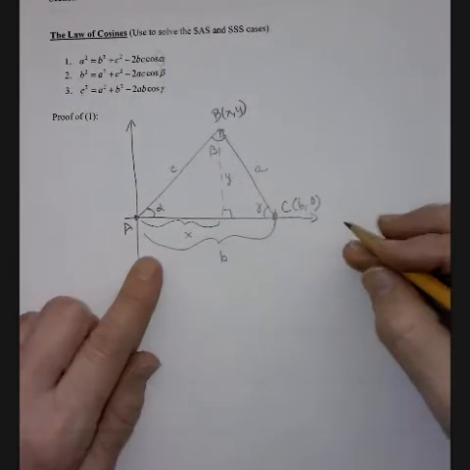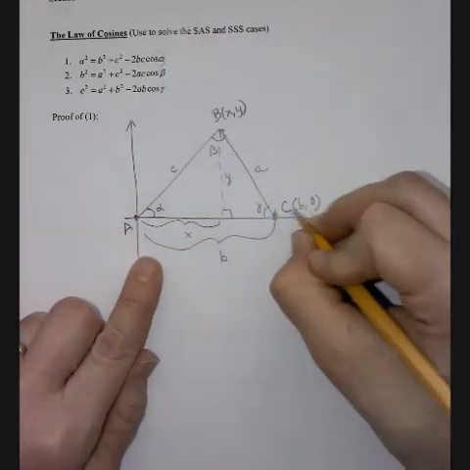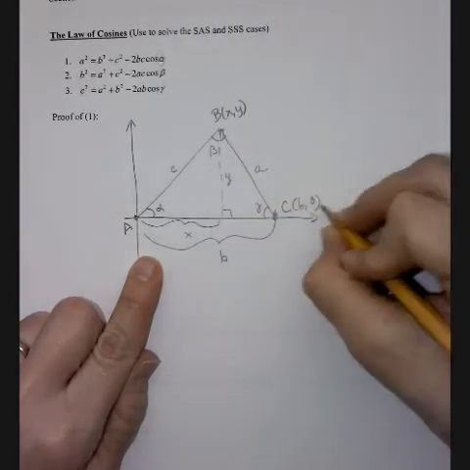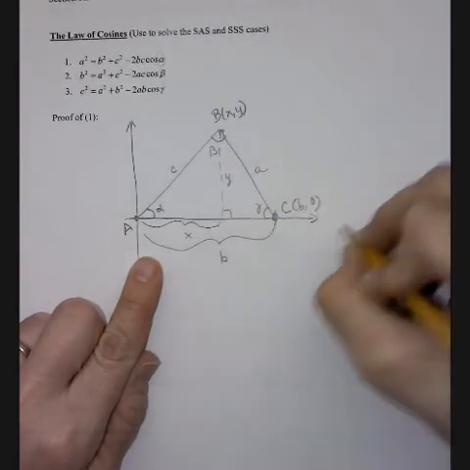And then the coordinates of C are this length B, right? That's the length opposite of beta, and the y coordinate is 0 because we're on the x-axis.